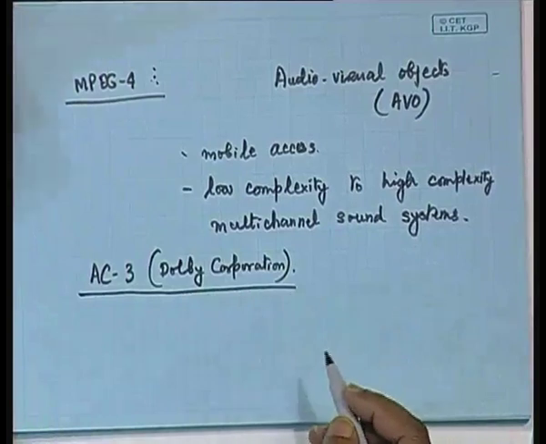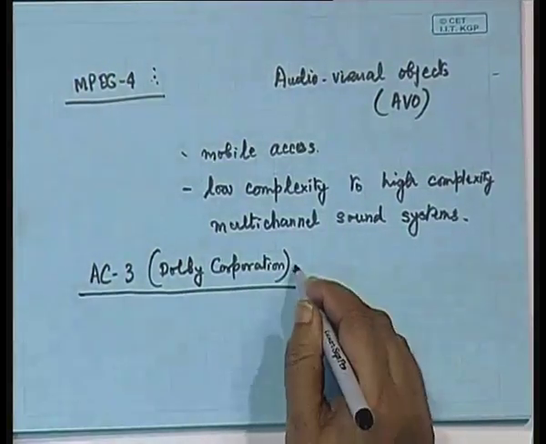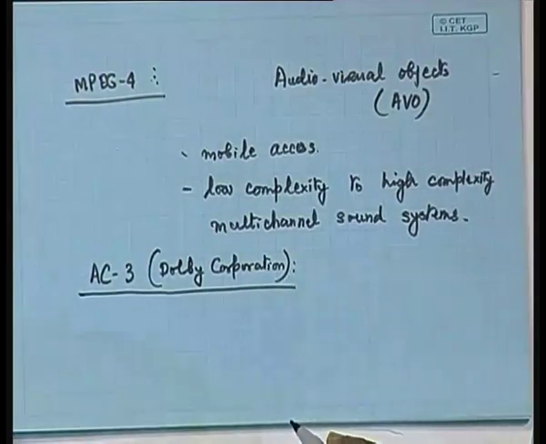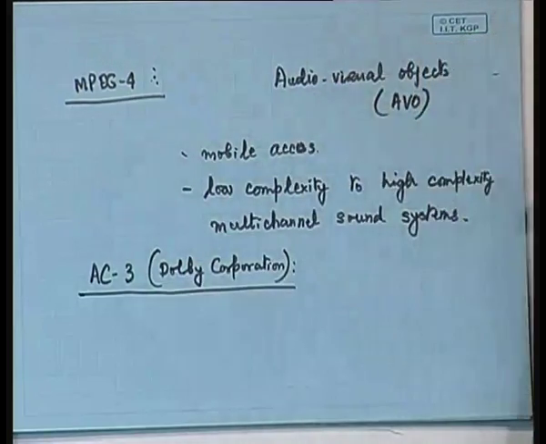So, Dolby has adopted this AC3 standard which we will talk about, but before coming to the specific aspects of audio coding standards like MPEG audio coding or AC3 audio coding, it is very important to talk about certain fundamental aspects of audio coding.